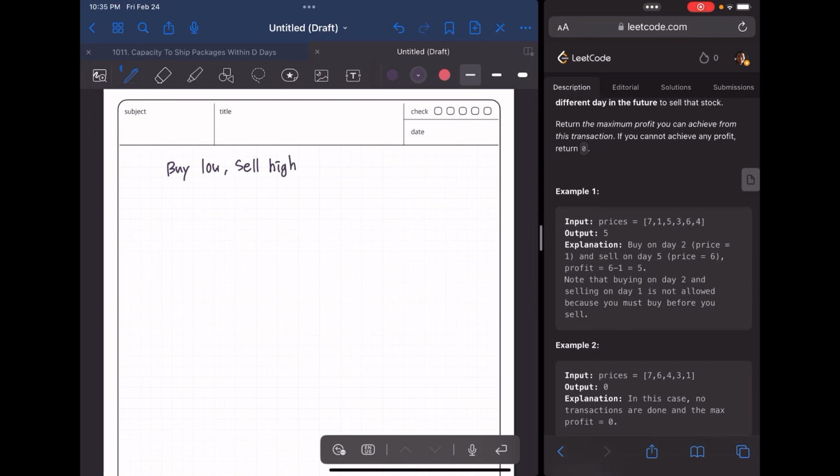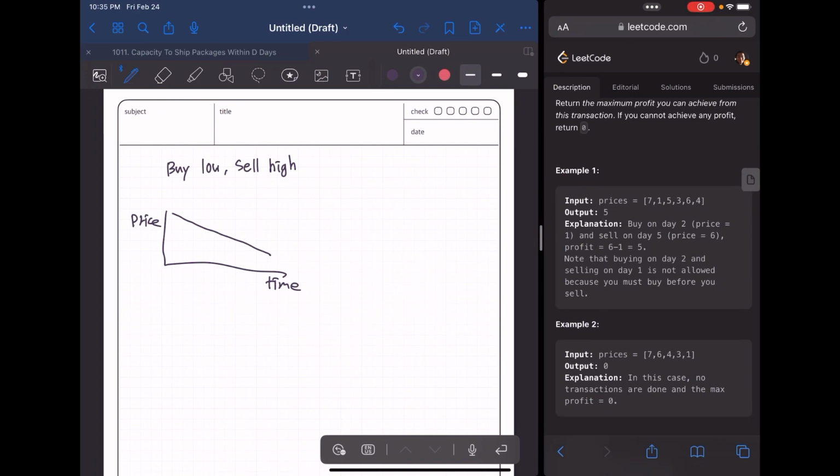And if we cannot achieve profit, that means the stock graph is basically going down, so that you cannot really make any profit, right? So in this case, let's draw this out.